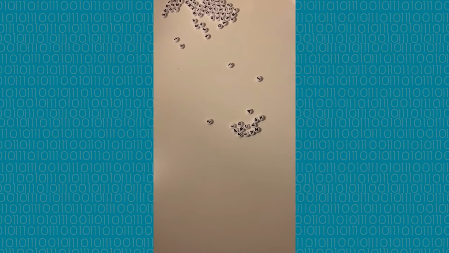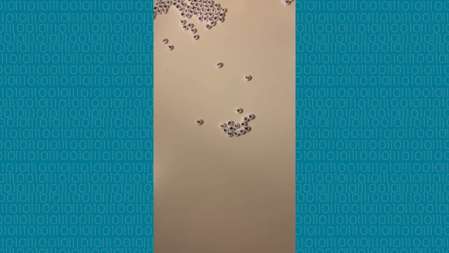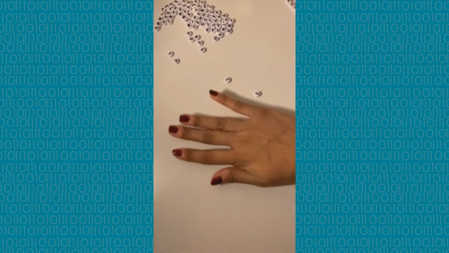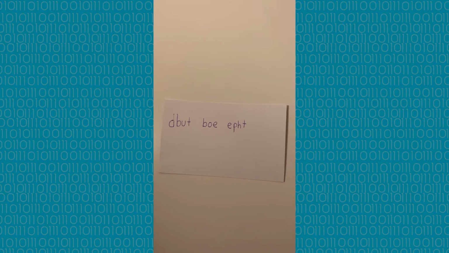Next, we are going to find the letter beads that spell out our first encrypted message. Go ahead and pause this video while you find all the letter beads that you need. Good job!